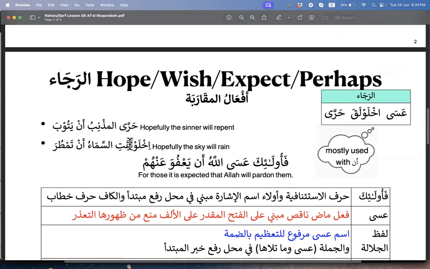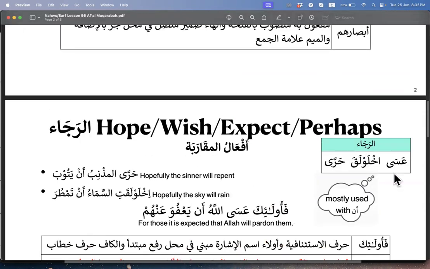So the one that we mostly see in the Quran is asa. Sister Vinita, what about the first one? Okay. Harra. Harra is one of these words, right? Yes, correct. Fi'il naqis, and this is madi. Looks like madi.